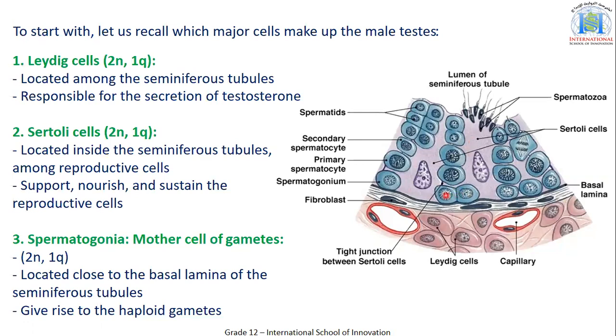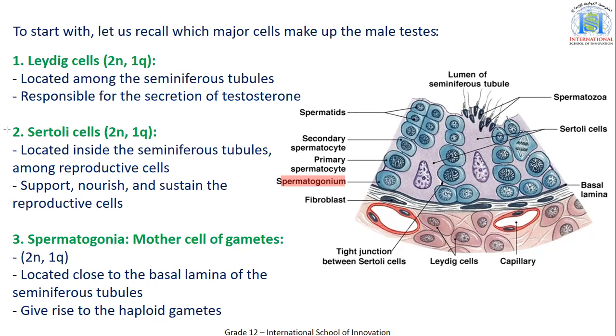At the basal lamina, so at this line, at the base, we have the spermatogonium. Spermatogonia are the mother cells of the sperm cells.